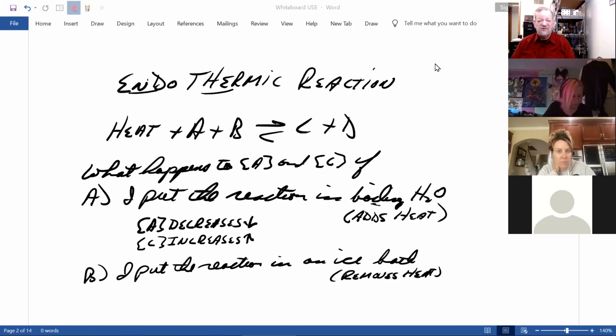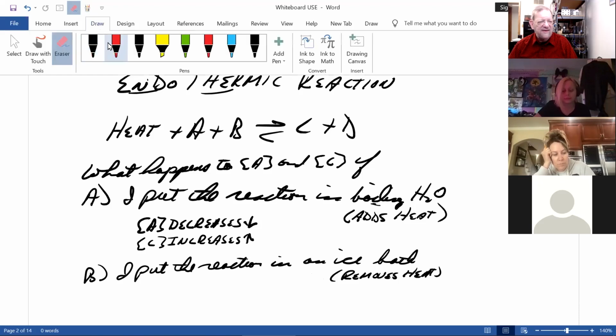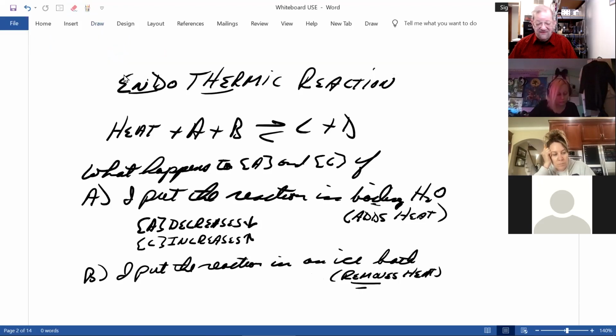Well, I think everybody's just about done. Let's look at this reaction. It's an equilibrium. The double-headed arrow tells us that. At equilibrium, there's a certain amount of heat, and a certain amount of A, B, C, and D. I put it in an ice bath, and it says on the screen that you've removed heat. So now what's the stress?